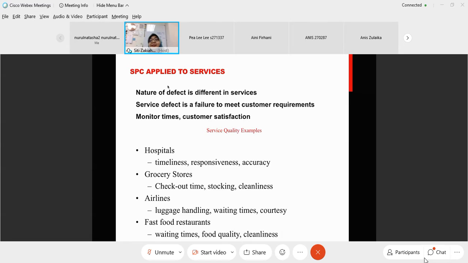And then courtesy: on the flight, we look at the courtesy of the flight attendants. And for a fast food restaurant, we also look at waiting time, we don't want to wait too long. We also look at food quality and cleanliness. This is SPC as applied to services.